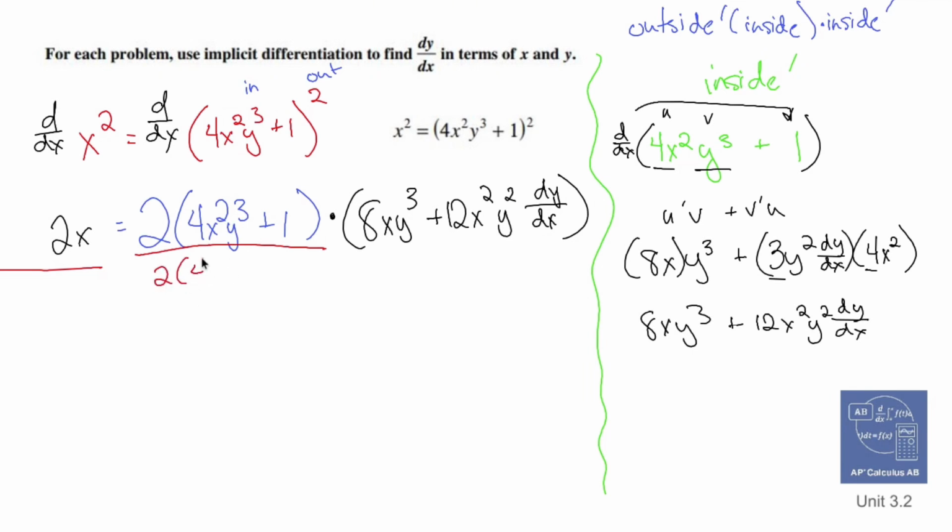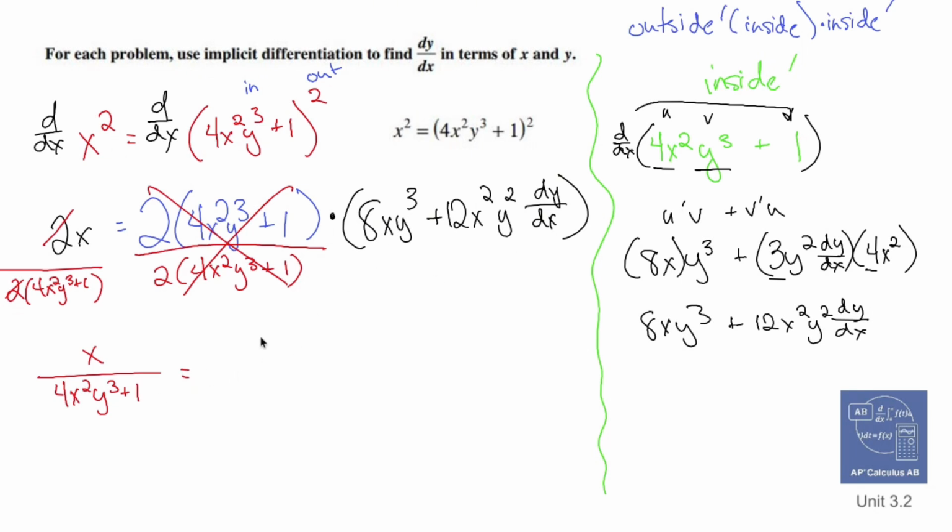So let's divide everything by 2 times the quantity 4x squared y cubed plus 1. Okay, all of that goes away, and fortunately the 2's go away. So on the left, we have x over 4x squared y cubed plus 1. That's going to equal just what's here in black, so 8xy to the third plus 12x squared y squared dy/dx.